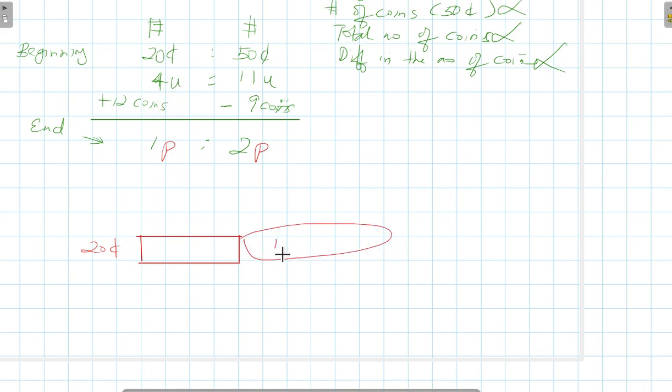Just anyhow, 12 coins. 50 cent will be 11 units, and then take away 9 coins.